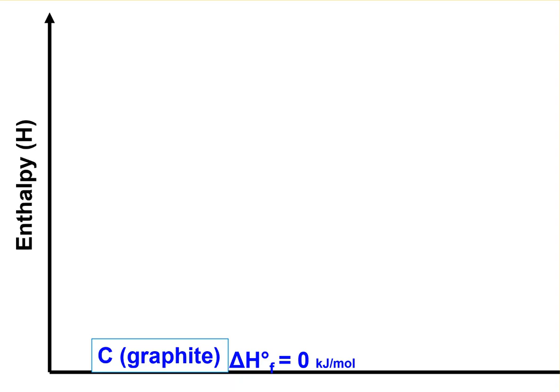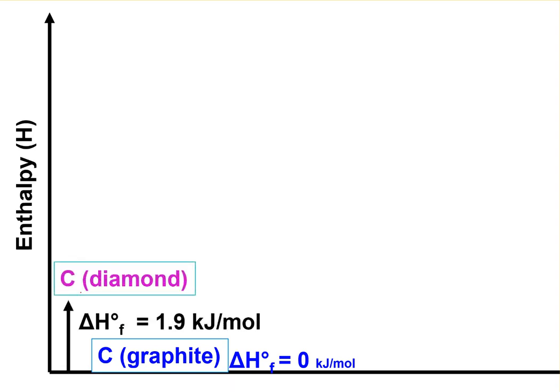Then I wanted to show you graphically what's happening, or how this works. To me, this visual makes it more clear. So I put carbon graphite here down at the bottom because its heat of formation is 0. This is the reaction I did.